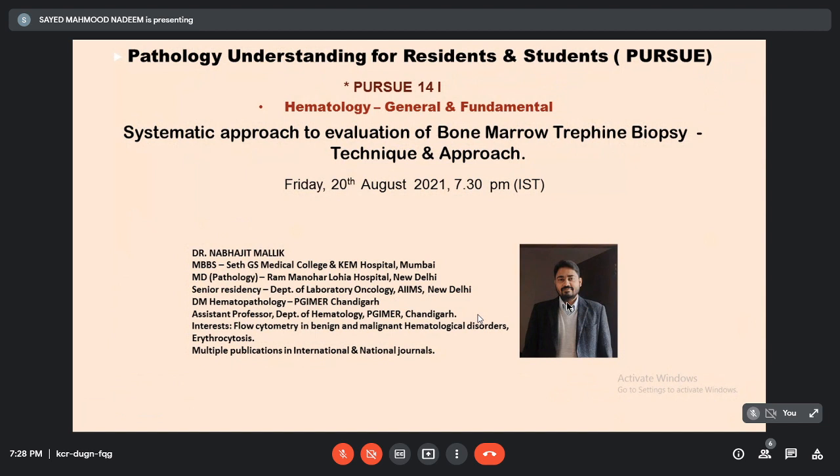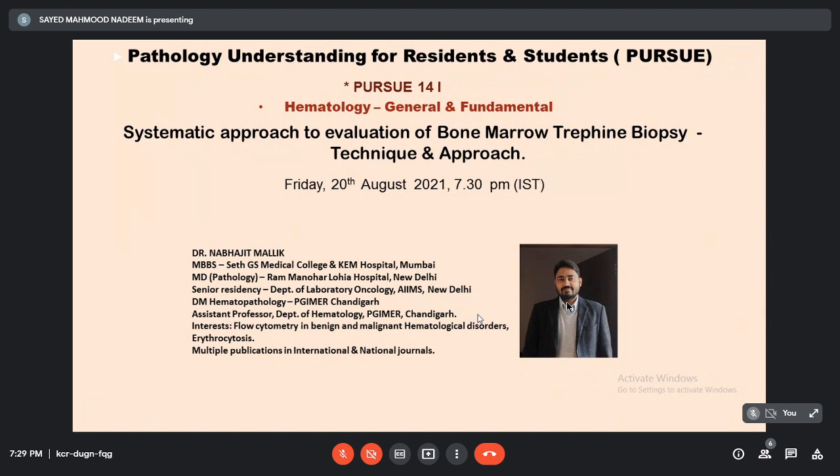And to talk on that, we have somebody who is extremely talented, very proficient, and very learned. We have Dr. Nabhajit Mallik. He's an MBBS from Seth GS Medical College and KEM Hospital, Mumbai. MD Pathology from Ram Manohar Lohia Hospital, New Delhi. With senior residency in the Department of Lab Oncology, AIIMS, New Delhi.